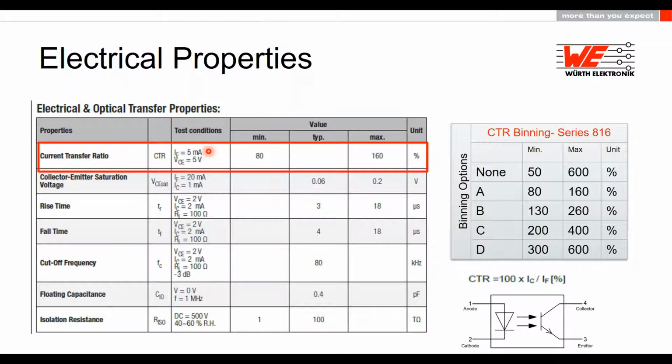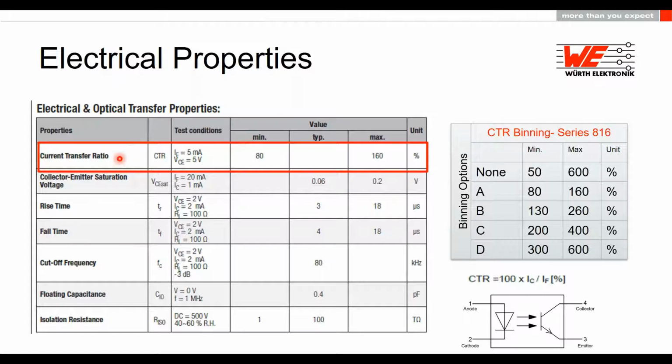On the market, there are also some data sheets with an input signal of 1 milliamp or 10 milliamps specified. To avoid any misunderstanding, the optocouplers from VE can also be operated with 1 milliamp. We specified with 5 milliamps, but I just want to make clear there's no failure. This is just given by the market or by the company, how the test conditions are.